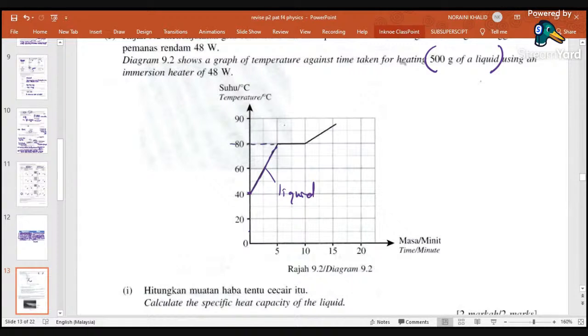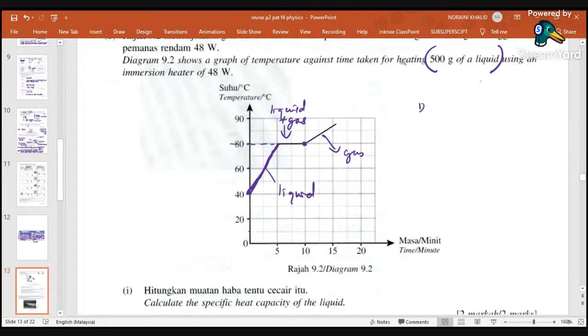So sini kita ada liquid plus gas or steam. Okay, at this point all liquid has changed to gas or steam already, and then this one will become gas or steam. Okay, so this one is the heating curve. You want to calculate specific heat capacity, you must use this one from 0 to 5 minutes. Then only you will get the specific heat capacity.